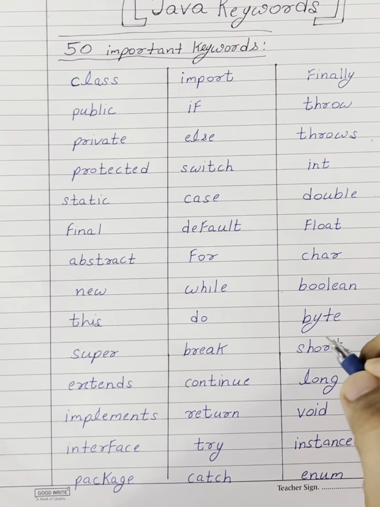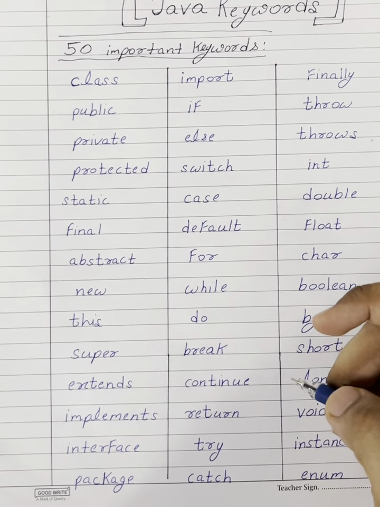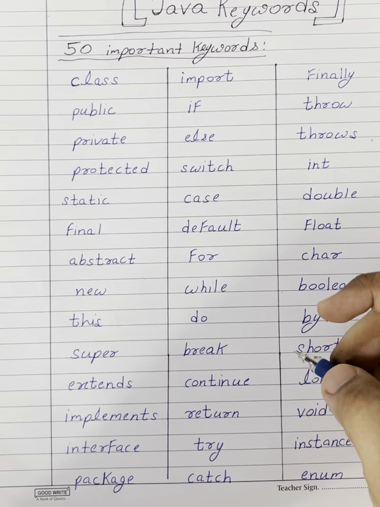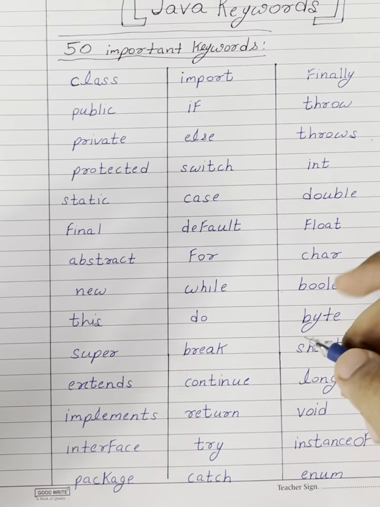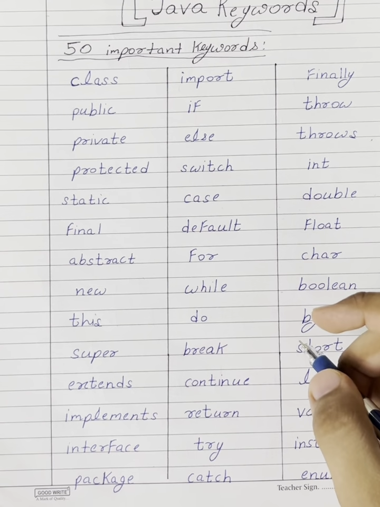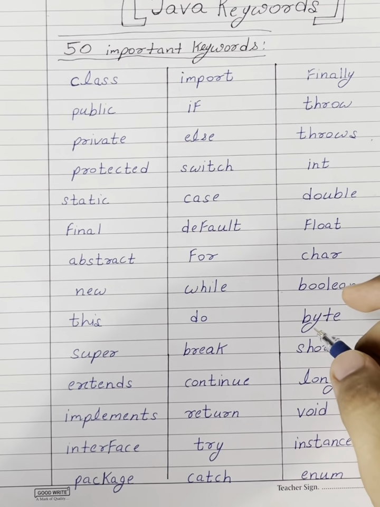This continue keyword allows the loop to keep running while ignoring only the current iteration. It is useful when certain values or conditions should be excluded without stopping the entire loop.